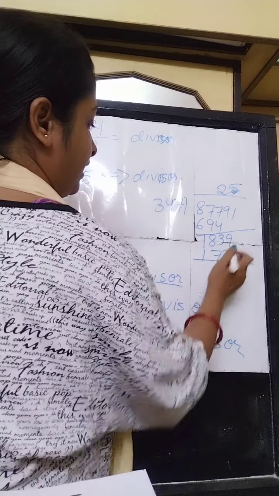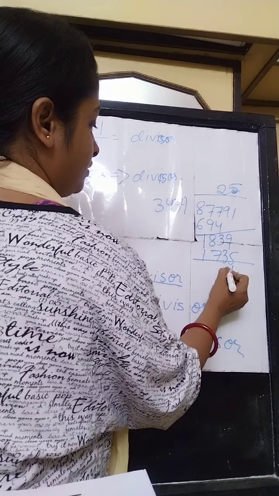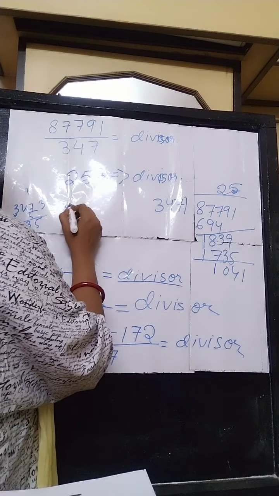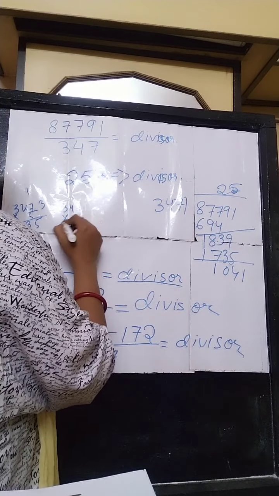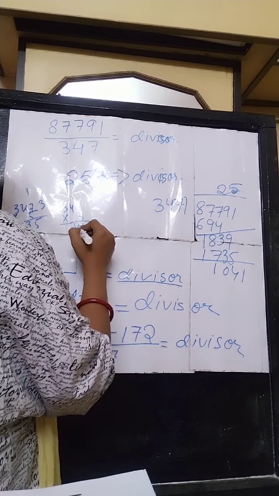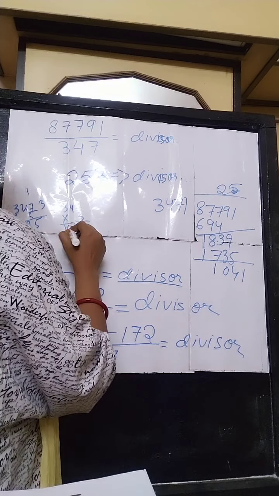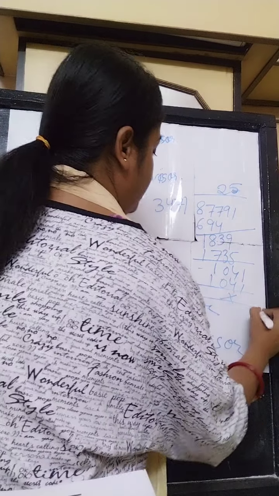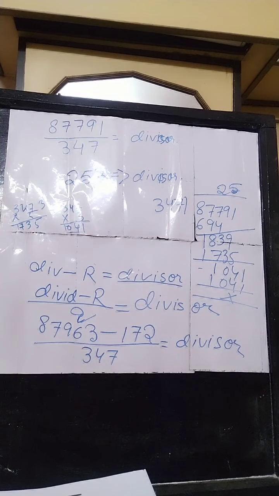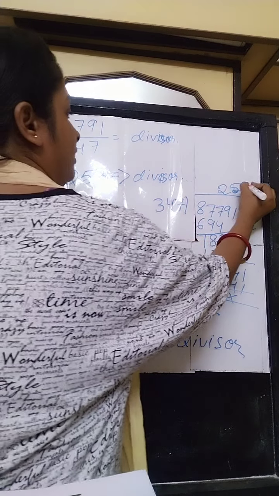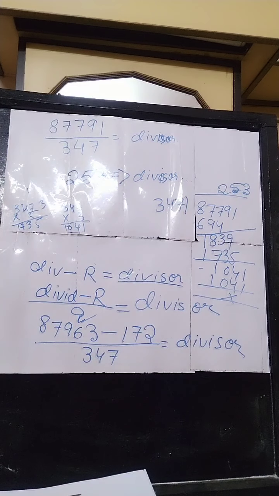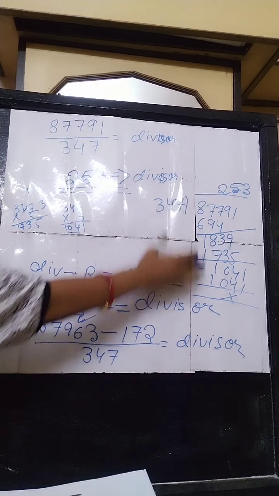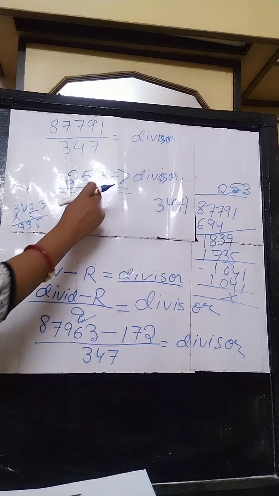And finally you are getting 4013. 347 into 3 gives 1041. In this way, I am showing you the division because I am doing the sum for the first time. But from the next time onwards, you will do the division to find out the answer. So by doing the division, we are finding out the divisor in the sum.